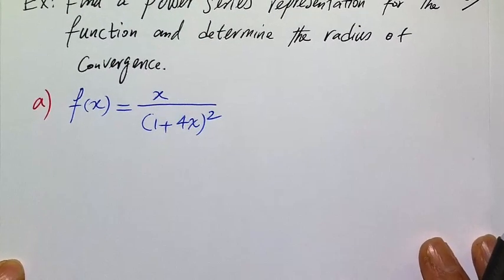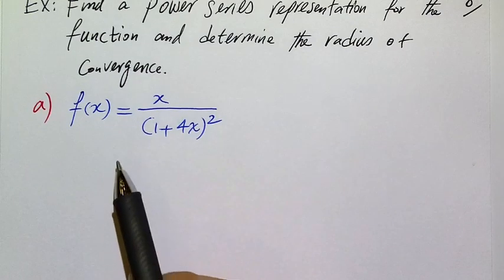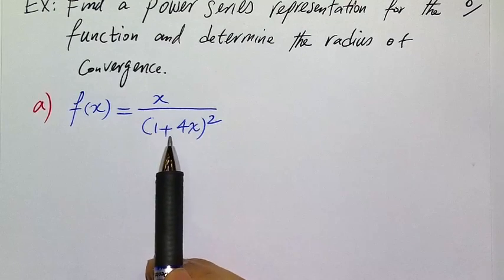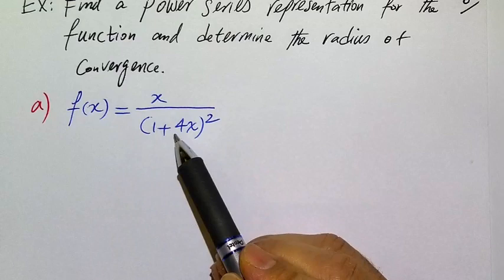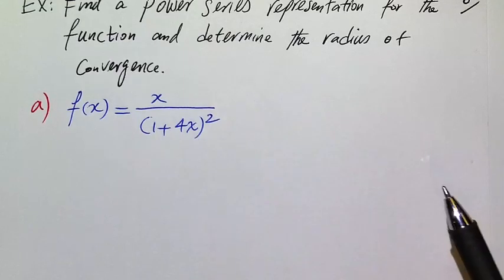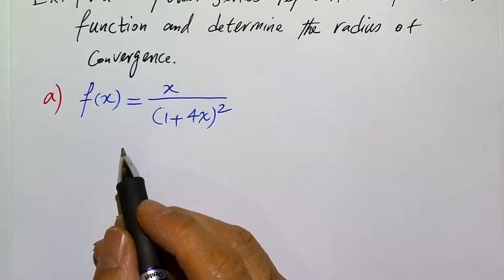Okay, so let's take a function that we can make look like 1 over 1 minus x.